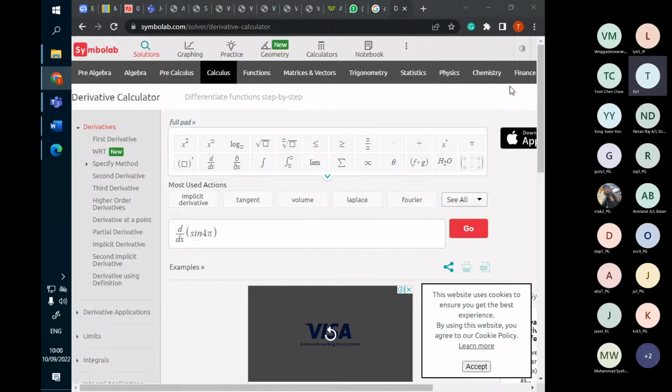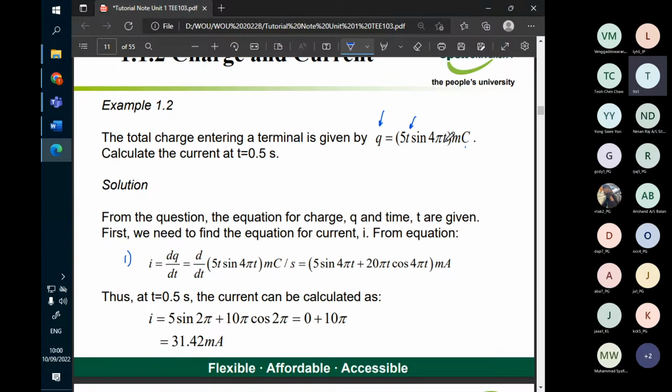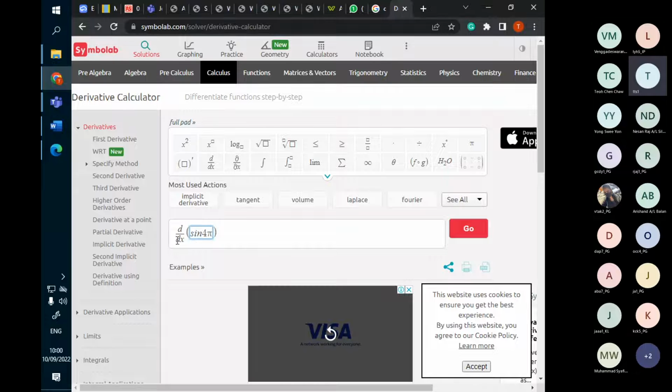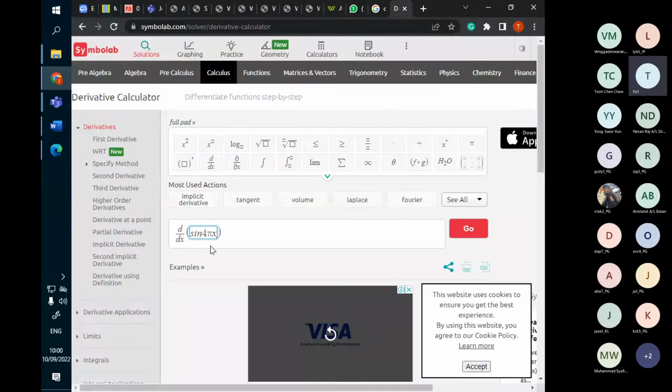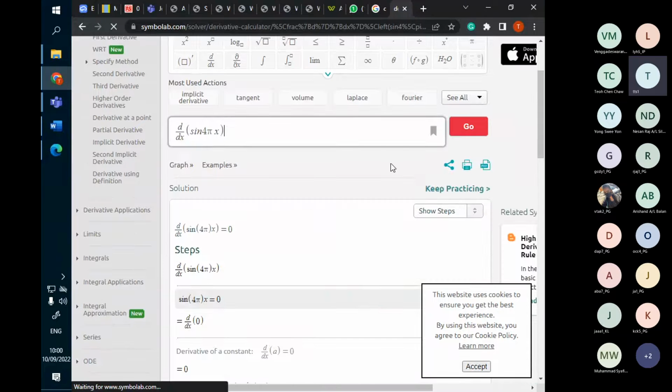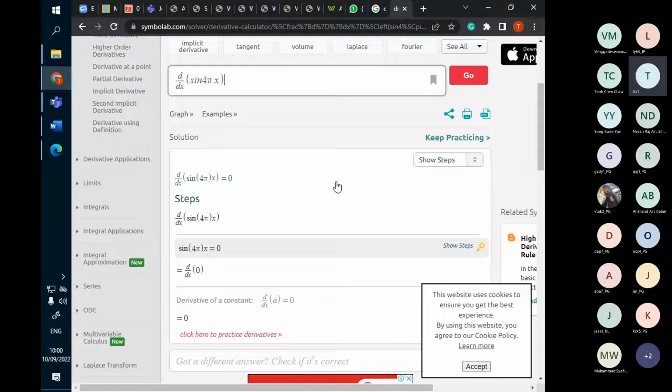Don't be confused by the t. Here it is d over dx, so you have to replace the t with x, because this is d over dt. Let's see whether this website can help us solve for the answer or not.